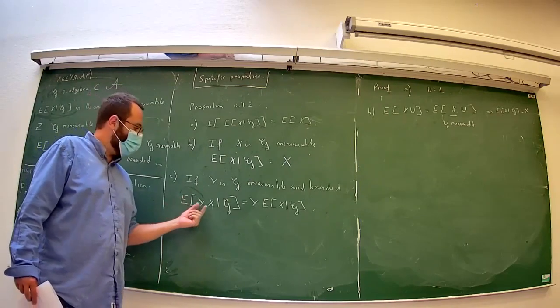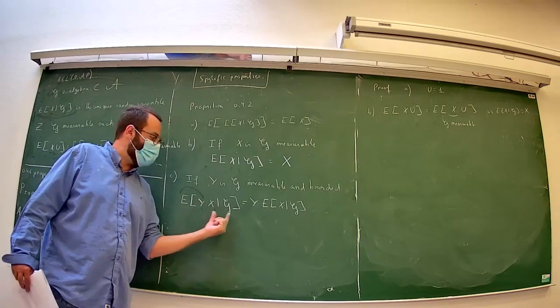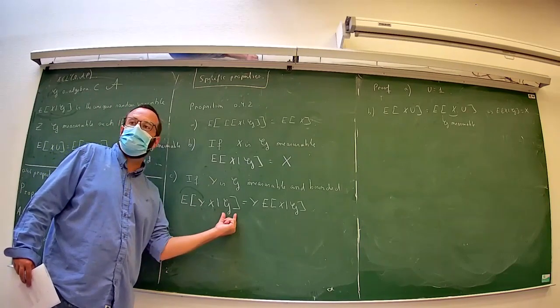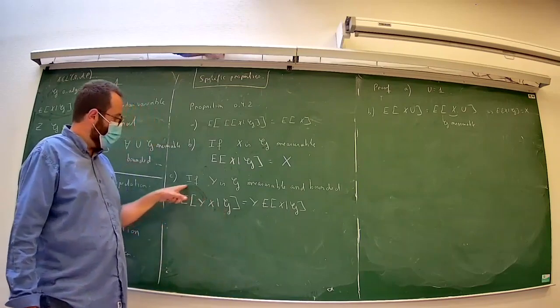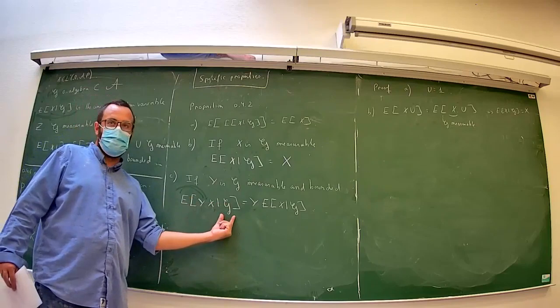So what is known in the sense that I can take out from the conditional expectation something that is J measurable. I can take it out and put it in front because it is J measurable.